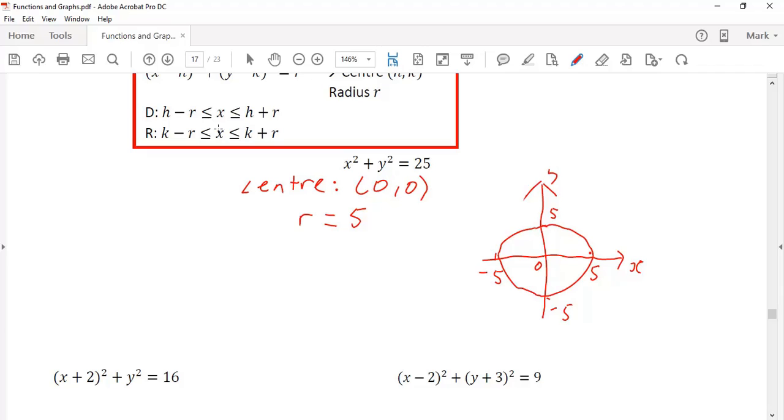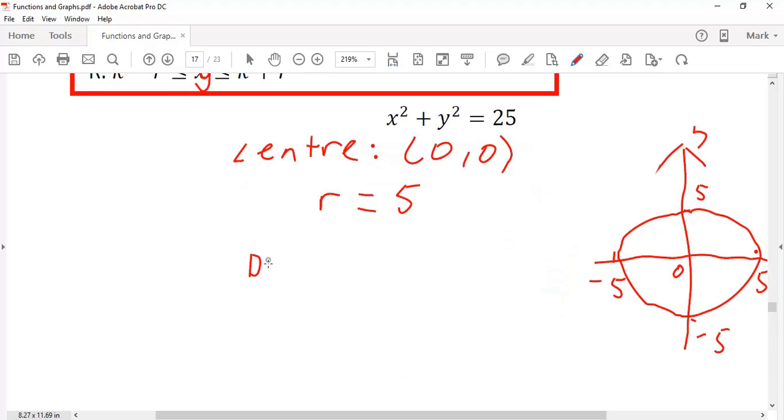So that should be a y there. So you take the center, you go out by 5, you go left by 5. So in this case, the domain is going to be from -5 less than or equal to x, then less than or equal to 5.